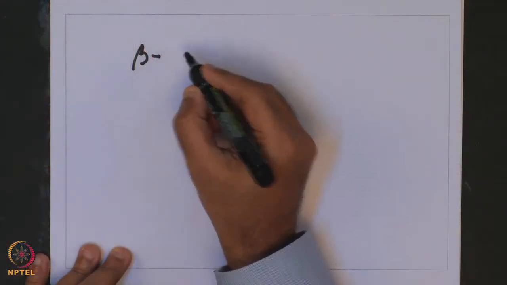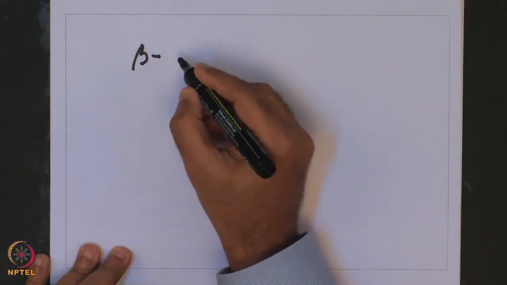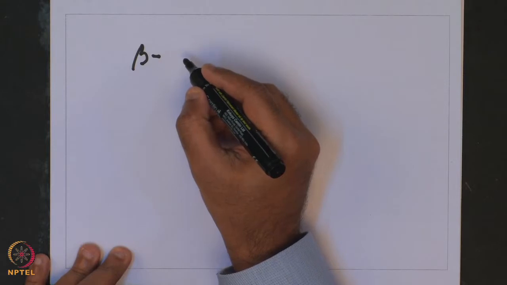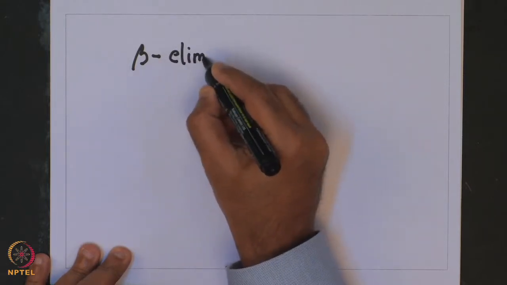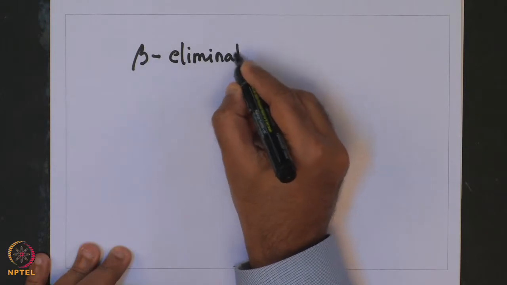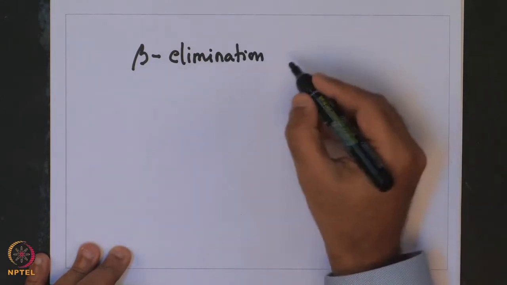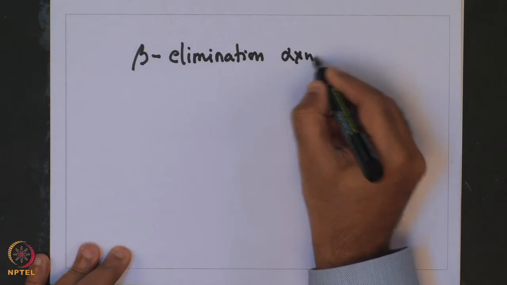And one of the reasons for them being so reactive is a particular class of reaction that they exhibit, which is better known as beta elimination. So, we are looking into a very important reaction that accounts for the high reactivity of transition metal sigma-alkyl complexes, and these are called beta elimination reactions.